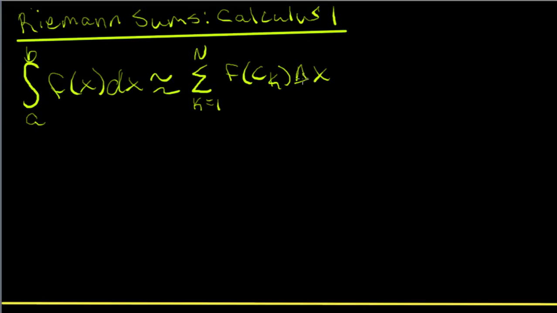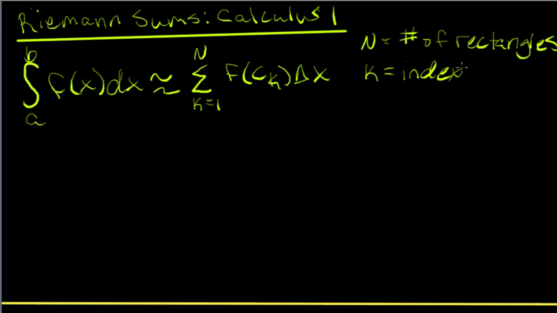Alright, so let's get some background here. N is going to be the number of rectangles that we will use. K is the index number.